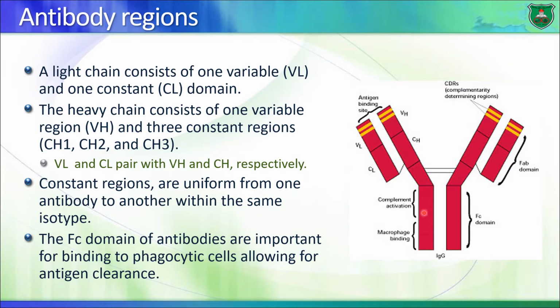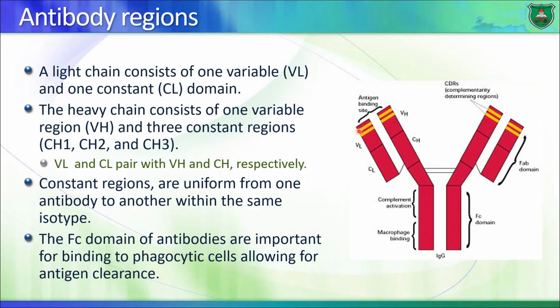Now, each heavy chain consists of 1 variable region and 3 constant regions. So you have one here, second one in there, and the third one right here. On the other hand, each light chain has 2 domains, 1 constant domain and 1 variable domain.